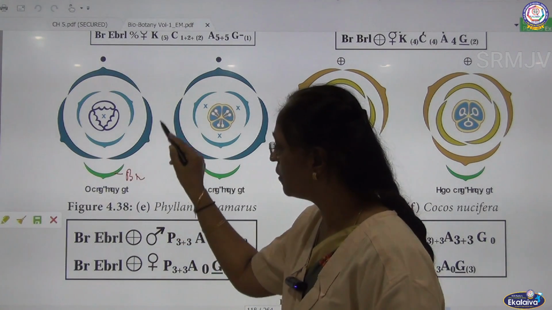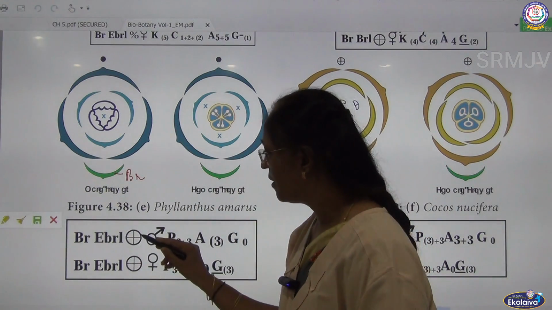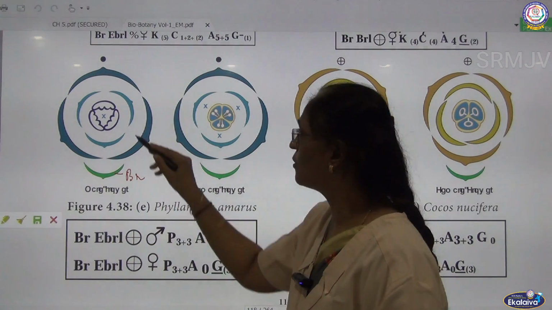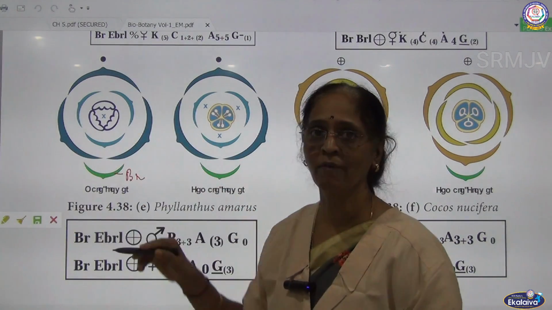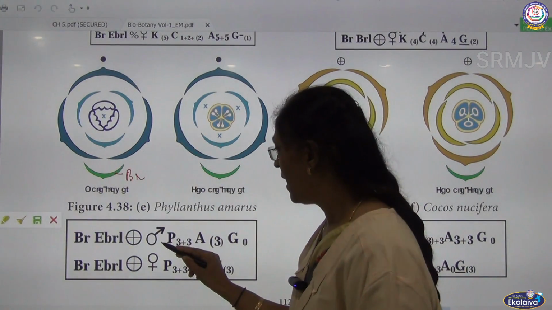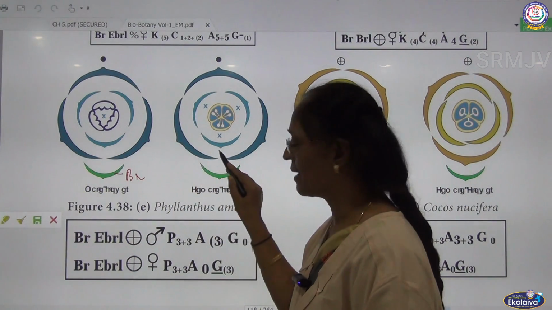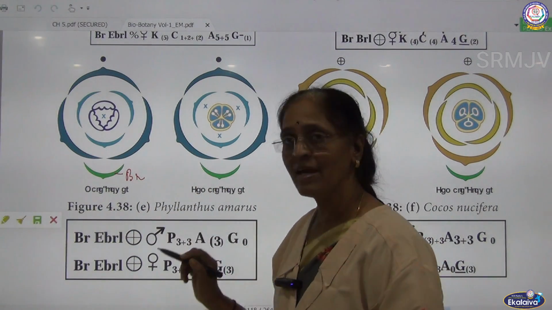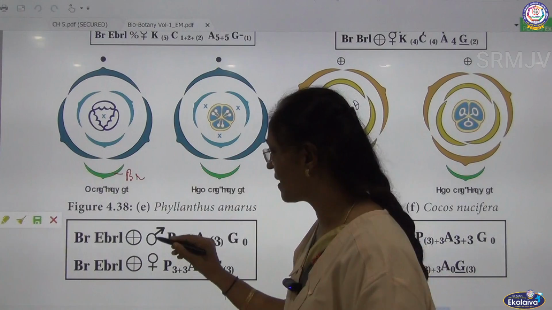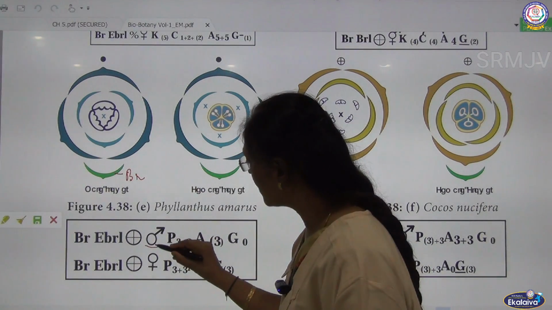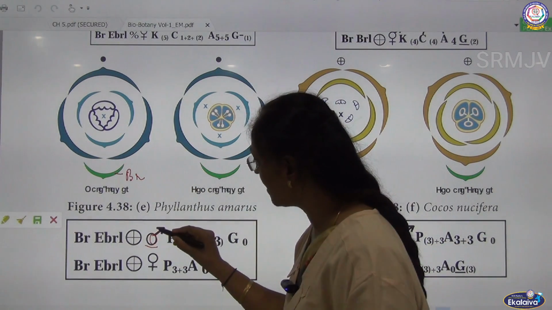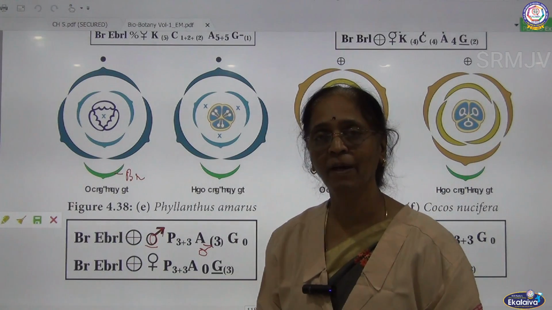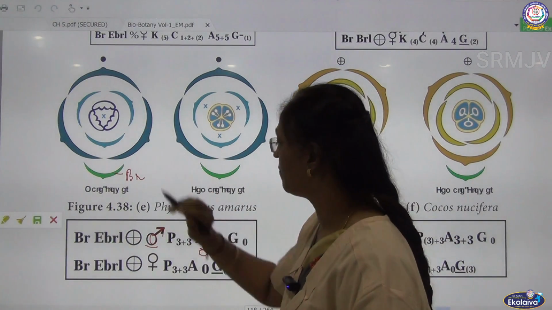There is no bracteole, so it is ebracteolate, and it is actinomorphic. Actinomorphic means you can cut it into 2 equal halves in many planes. And then this is the male flower and this is the female flower. So we said a male flower is a staminate flower. How are we going to represent it? We are going to represent it with a circle and an arrow mark above, then it becomes a staminate flower. So this is the male flower.